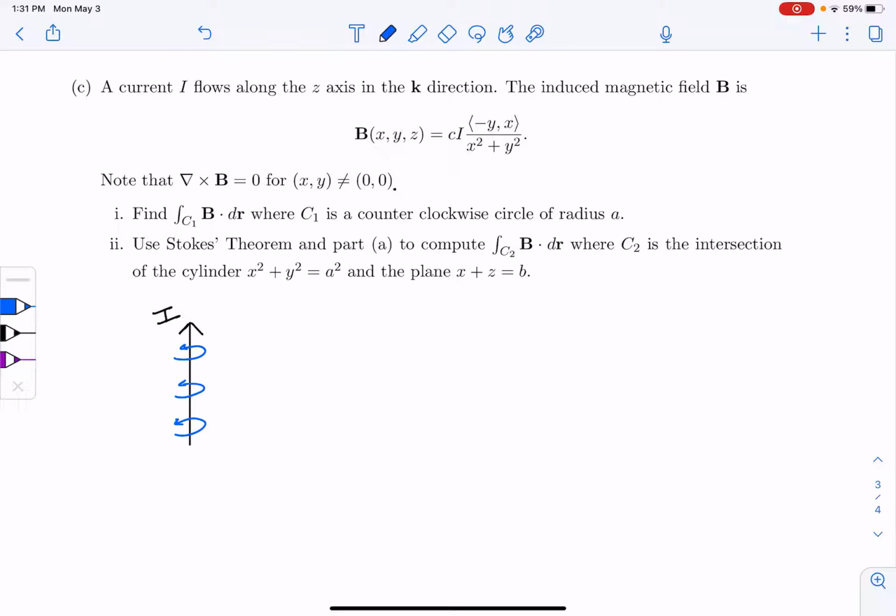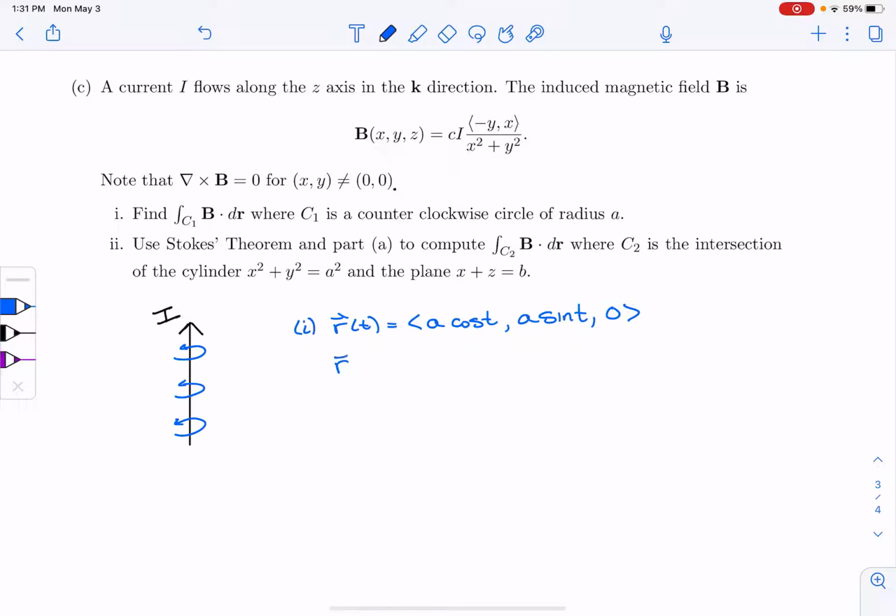So the first thing that I'm going to do for this first part of the problem is I'm just going to parameterize the circle. So here R of t is a circle of radius A, so it's going to be A cosine t, A sine t, and 0.